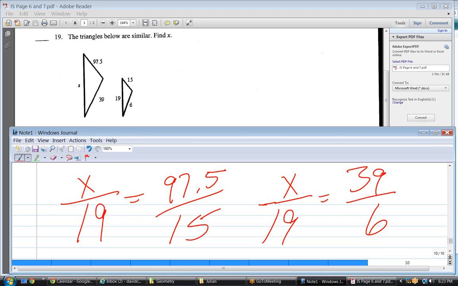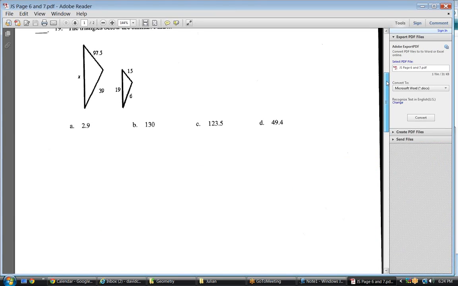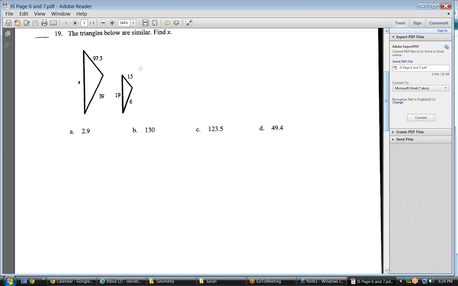It's a lot easier. Now, you don't usually have that choice. There's not going to be that many problems where you're going to actually have two corresponding pairs of sides that you know. Usually one of these is not given, and you're forced to take whatever one you see.